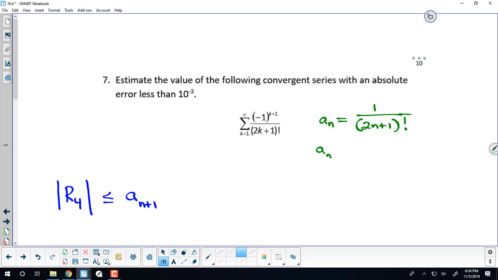So a sub n plus 1 is 1 over 2 times n plus 1 factorial. I'll write it like this.